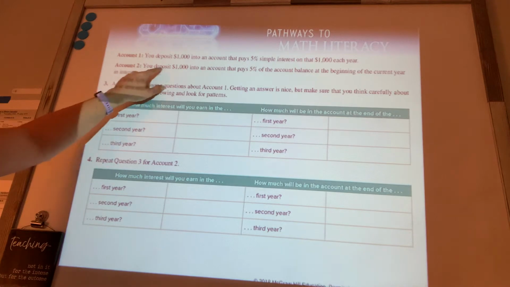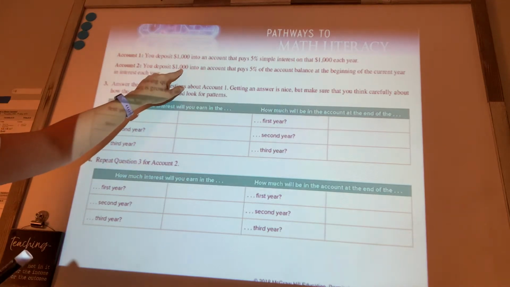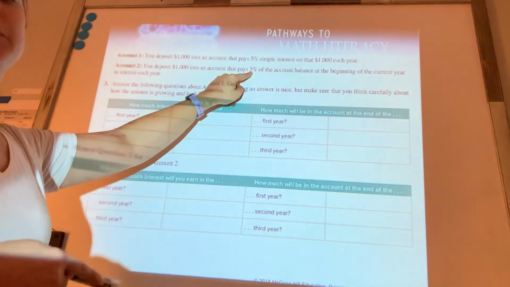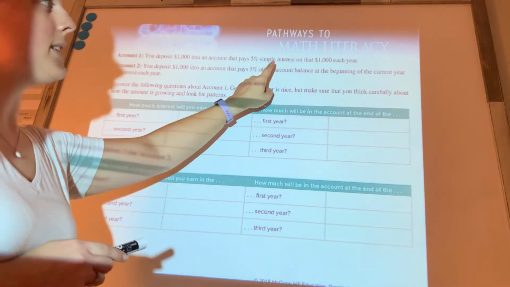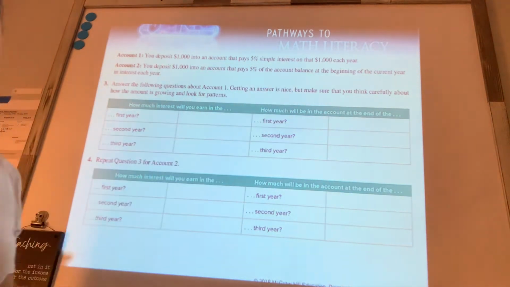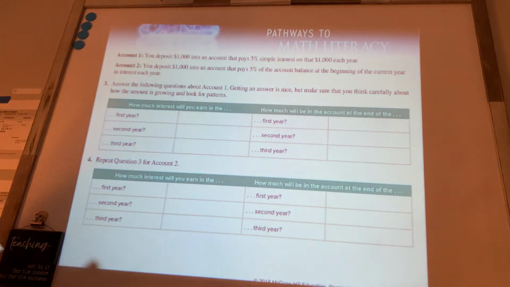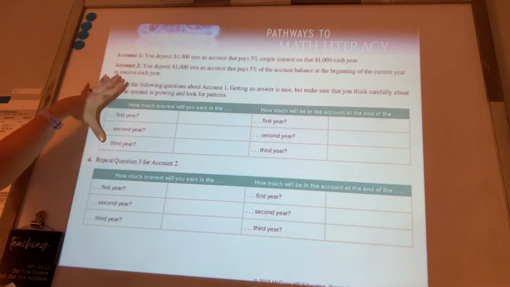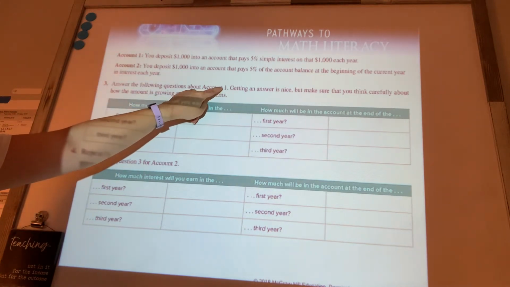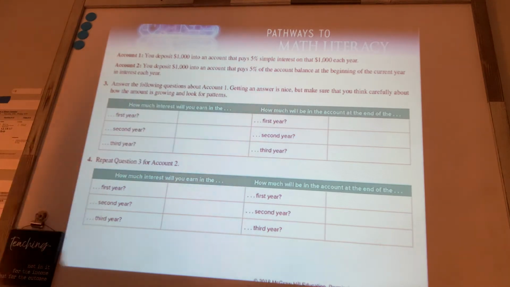Account number 2, you're depositing still $1,000, and you're still getting 5%, but the interest is being compounded, which means that the interest is going to change every year based on the previous year's balance. So I'll show you what I mean once we get to number 4, but let's do number 3. Number 3 is just about account number 1, and that is simple interest, okay?